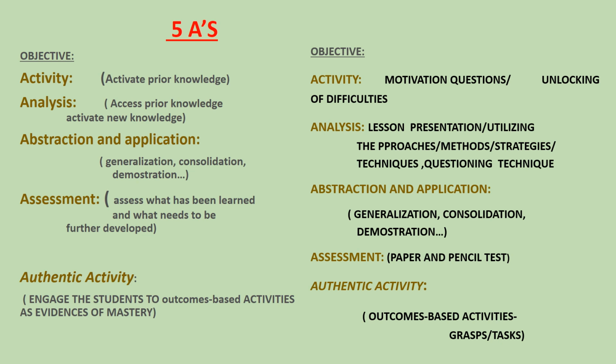For analysis, there is the presentation of the lessons in which you will utilize the approaches, methods, strategies, and techniques, and the questioning technique that will facilitate the discussion. For the abstraction or the generalization, make sure that all those ideas come from the students. Your job as a teacher is to consolidate those ideas to come up with the concept that they learned for that day. And then let them demonstrate or show the skills, by group or by individual.